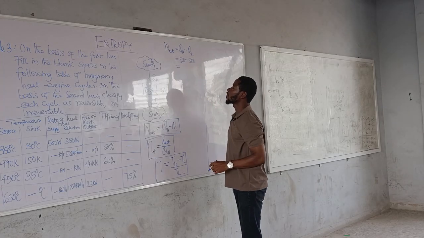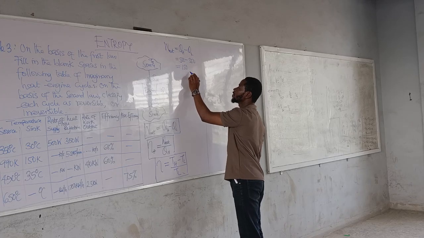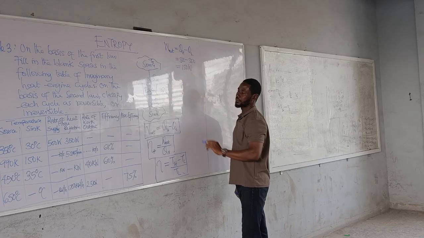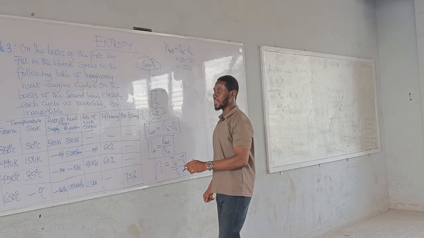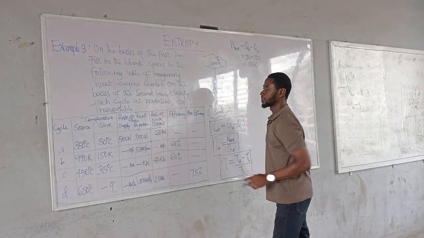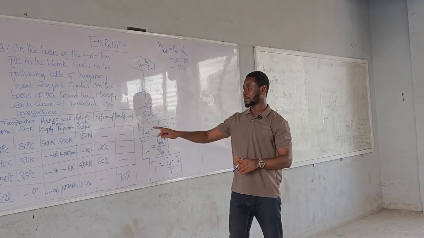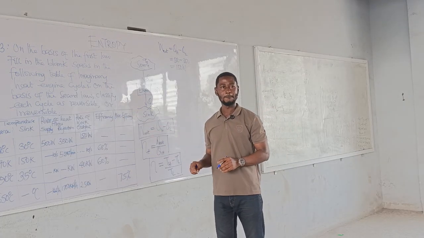So by the time you subtract 350 from 500, we have 150 watts. So we have gotten this as 150 watts.